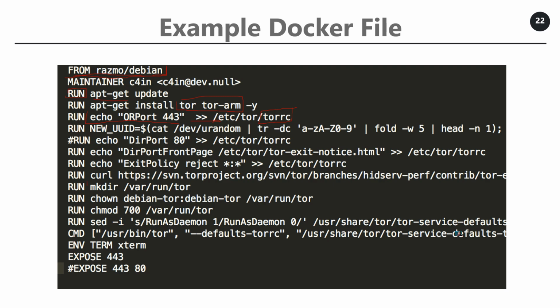Creating a directory here, changing the permissions, and then it runs that application and exposes the port. We'll go into details about them. It's just to give you an idea of what a Dockerfile is, okay?